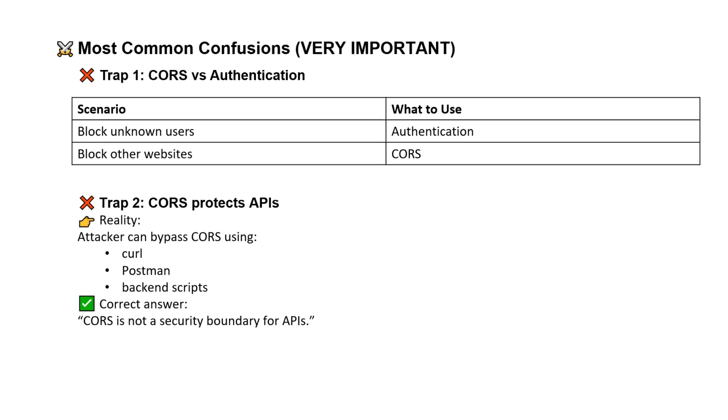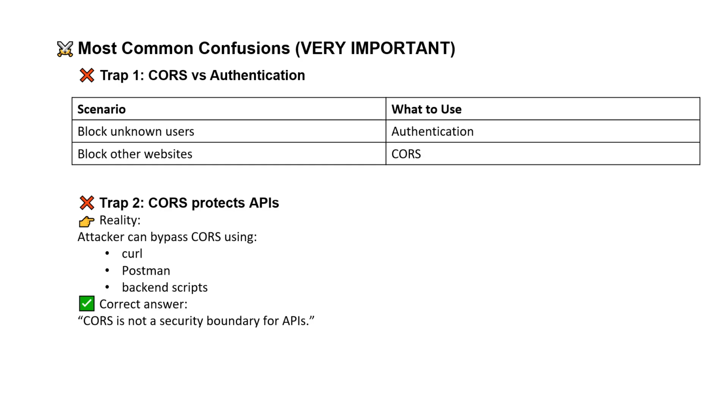So what is the common confusion? An interviewer can trap us in CORS versus authentication. When the scenario says block unknown users, then it is authentication. However, when the scenario says block other websites, then it will be CORS. Now the trap: CORS protects APIs. The reality is an attacker can bypass CORS using curl, Postman, or backend scripts.